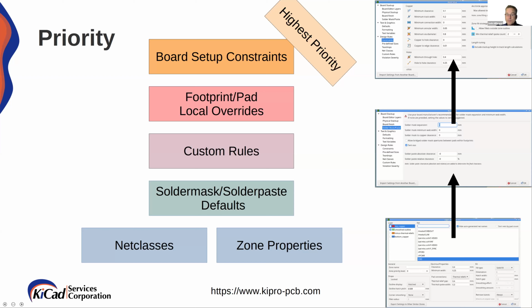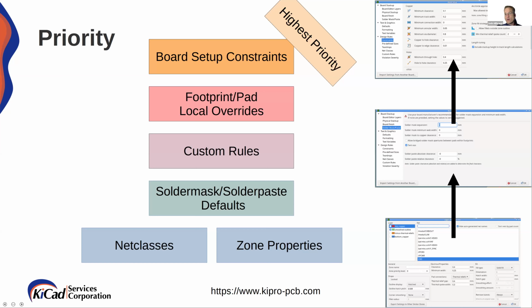But if you took the time to go in and change that for a specific footprint or a specific pad, then chances are, we assume that that is something that is required for the functionality of that footprint or that pad in any board that you place it on. So we want that to override.